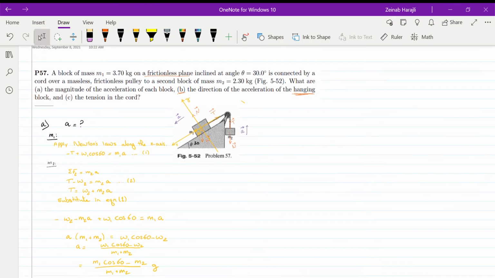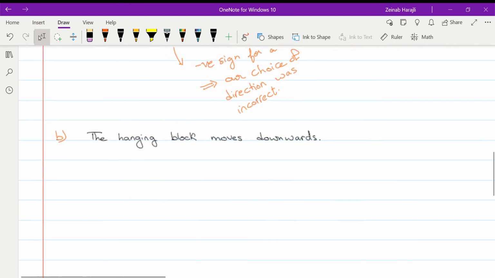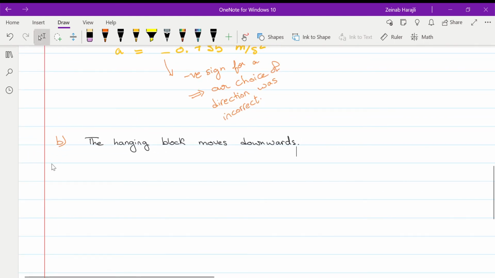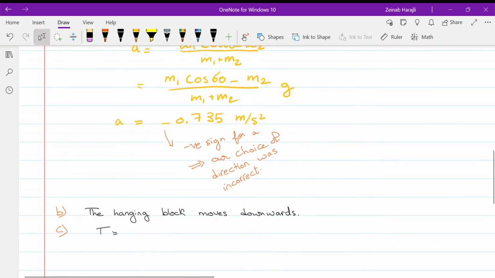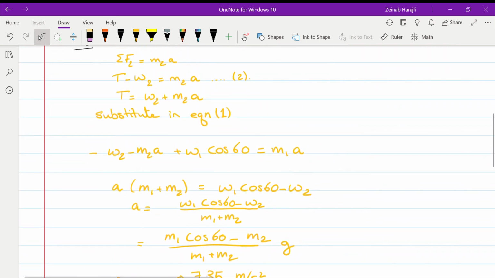In part C, we want the tension in the cord. This is very easy because we got an expression for the tension in the previous parts.